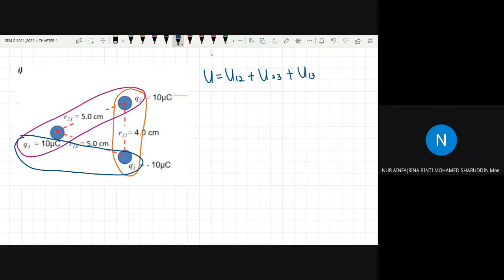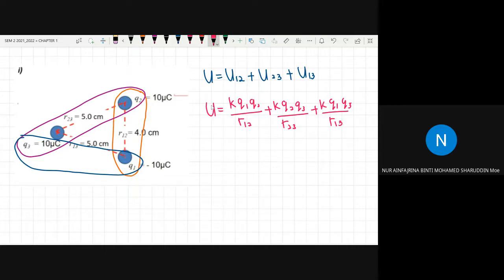Now we just substitute the formula. So bila kita substitute the formula, kita akan dapat K Q1 Q2 over distance between charge 1 and charge 2 tambah K charge 2 charge 3 divided by distance between charge 2 and 3 tambah K charge 1 charge 3 and distance between charge 1 and charge 3.